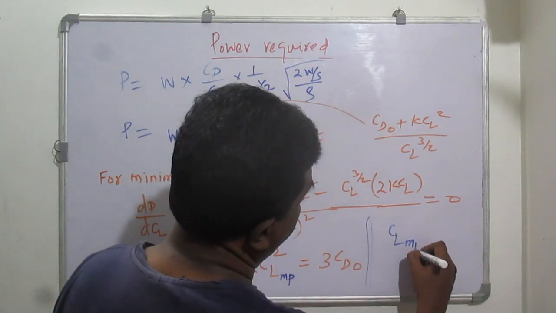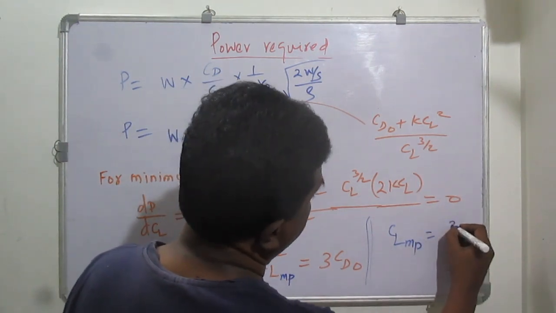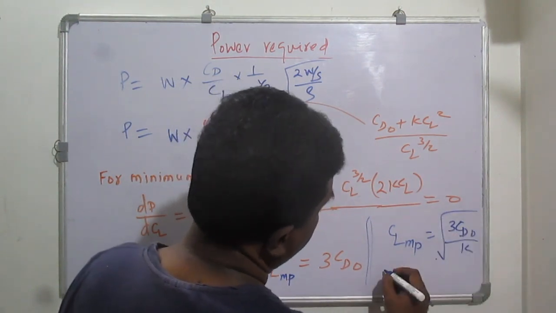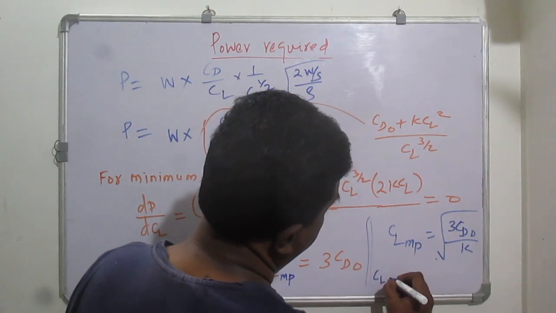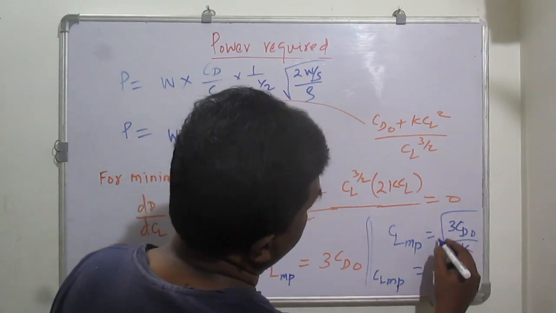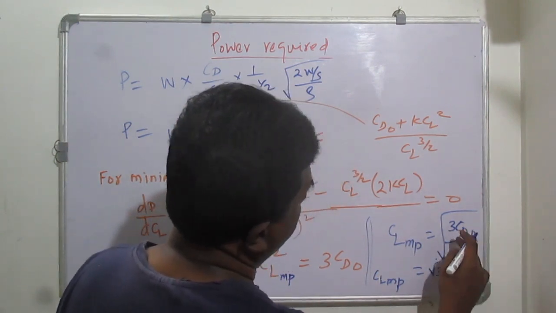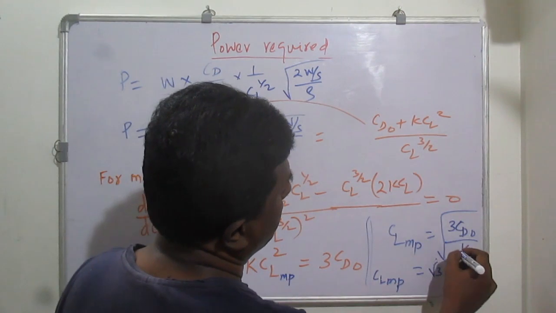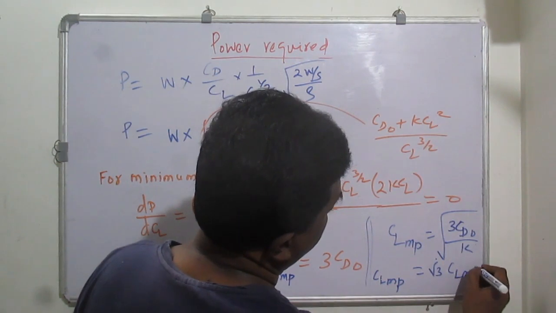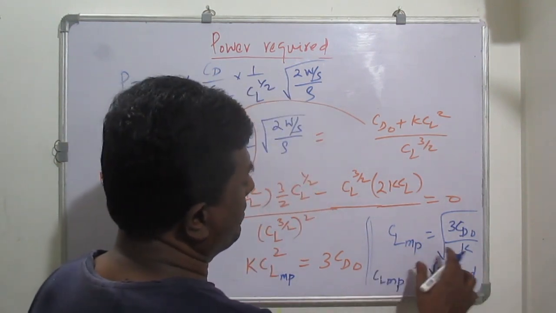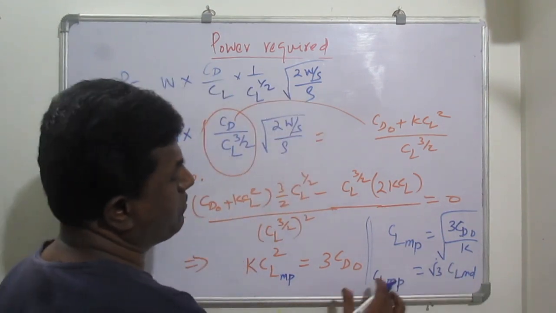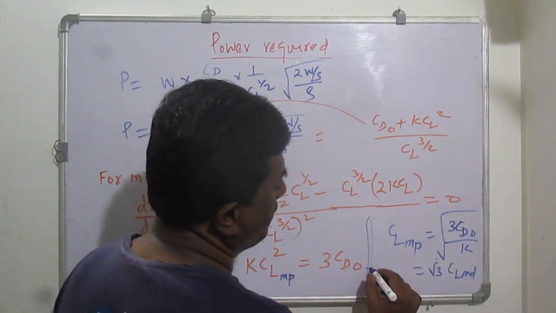So CL minimum power equals the square root of 3 CD naught by K. We can take root 3 out, and the remaining term, square root of CD naught by K, is nothing but CL minimum drag. We can keep it as it is, or link it with the minimum drag. So this is the condition.